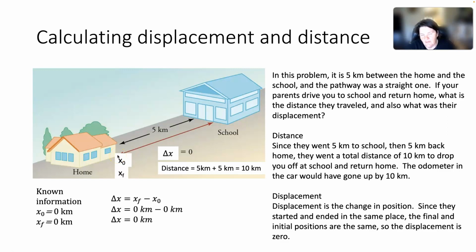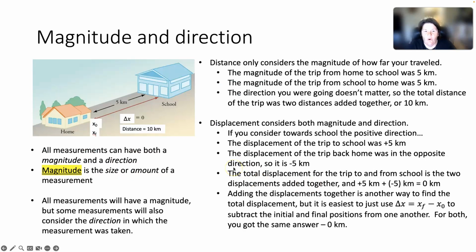Distance and displacement can have the same answer. They can have the same magnitude. They can be the same number. But they don't have to be. Displacement is a specific physics term that means the change in position. So distance only considers the magnitude of how far you traveled. Magnitude is the size or amount of a measurement.